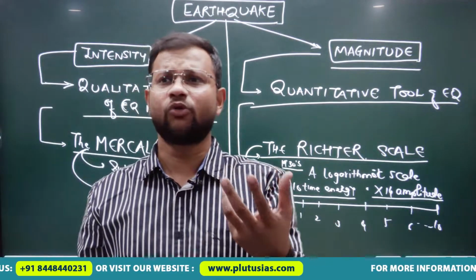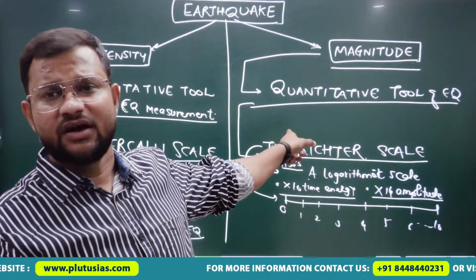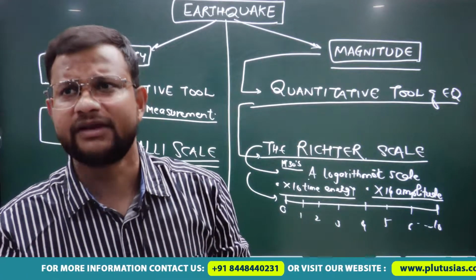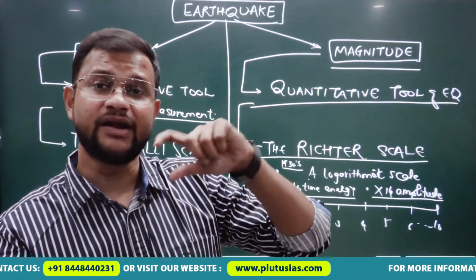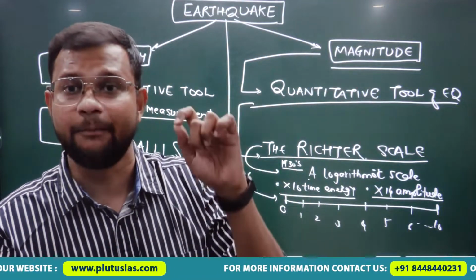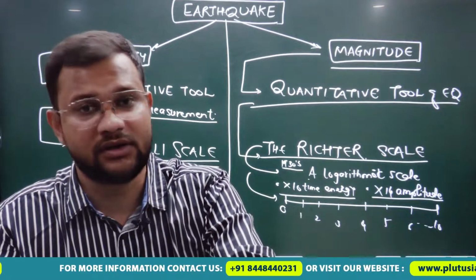So if there is an earthquake of 5 on the Richter scale and another of 6, the earthquake of 6 has 10 times more release of energy, and its amplitude is 14 times larger than the earlier one.